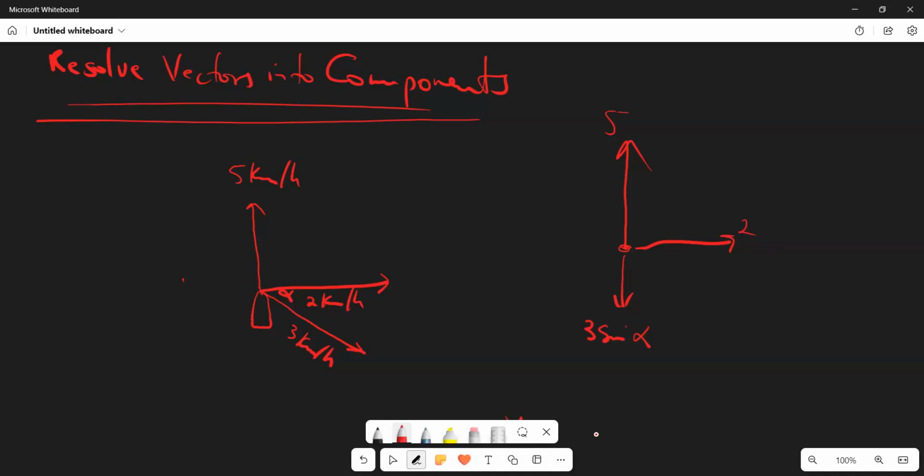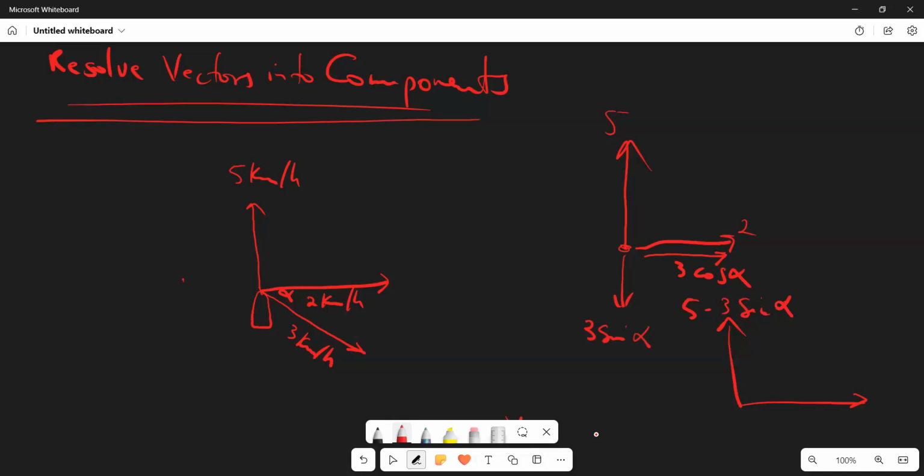And you're going to resolve this way, and you're going to get 3 cos alpha. See that? So if you were to reduce it now to just 2 vectors, you get this. Down here will be 5 minus 3 sine alpha, and I put this here because 3 sine alpha will always be less than 5.